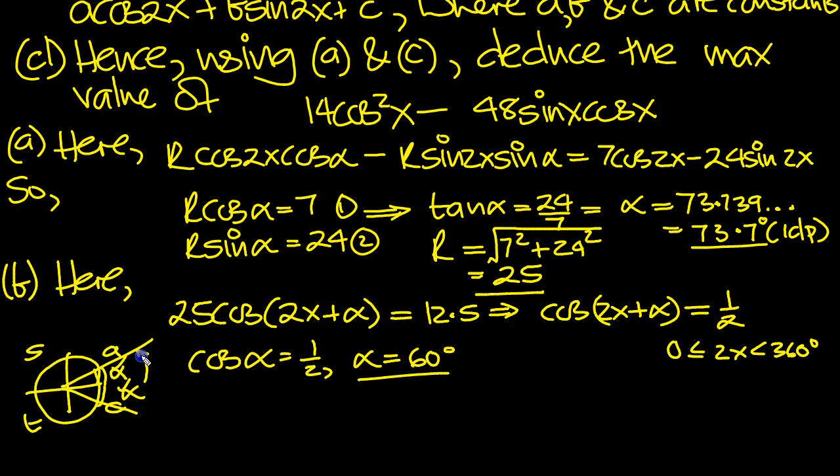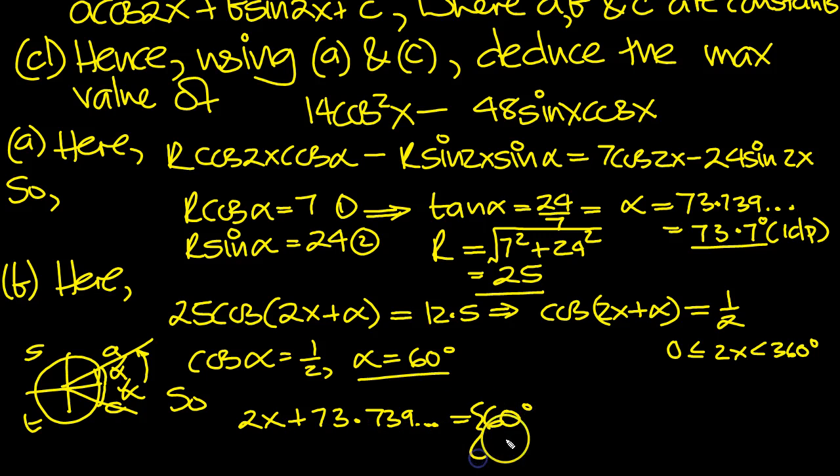So our first solution is round to here. So 2x plus 73.739 is equal to 60 degrees. And also, I'm going to put the 2 answers here. The other solution is right round to here, which is round 360, back 60, so that's 300 degrees.